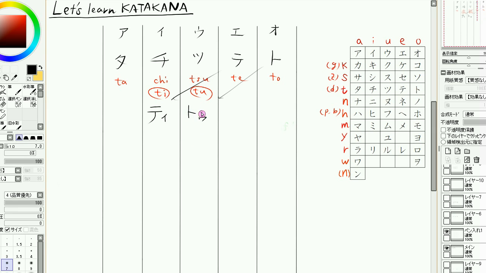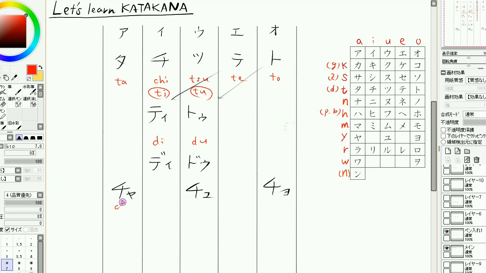What about the voiced consonants? We had da, ji, zu, de, do, so that means we didn't have di and du. It's actually simple. We just put the voice marker on ti and tu, so that would be di, du. Now, how about this one? We had cha, chu, cho, right?